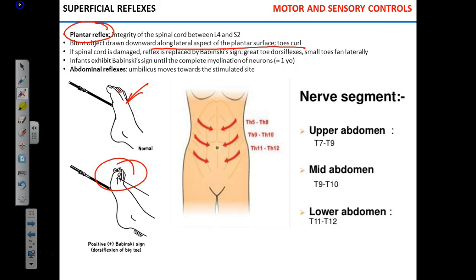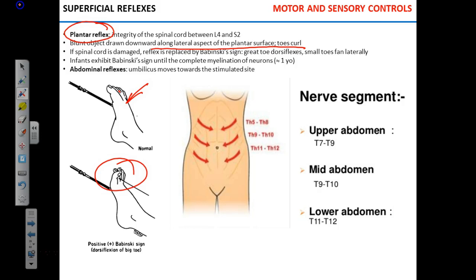Signal transmission isn't perfect yet. Hence the response. Does that make sense? So it's normal in babies, it's abnormal in adults. Damage to either the spinal cord or most likely spinal nerves. Okay?